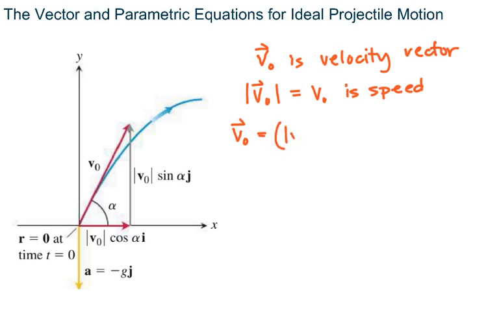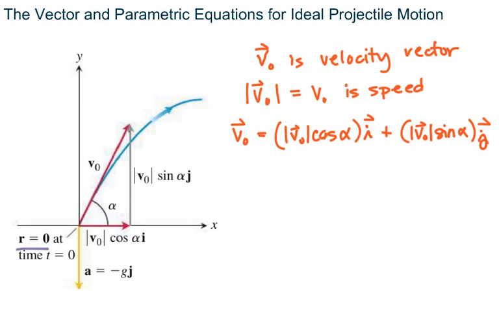So we have that component, the speed, times a horizontal component, cosine of alpha i, plus the speed, the magnitude of the velocity, times the vertical component, we use sine of alpha j.